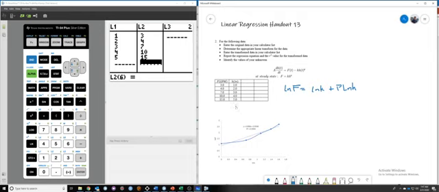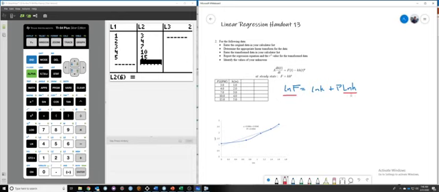Now I have a linear equation, and I want to enter this data onto the other side of my graph here. I want to get the natural log of f here, and the natural log of h here.